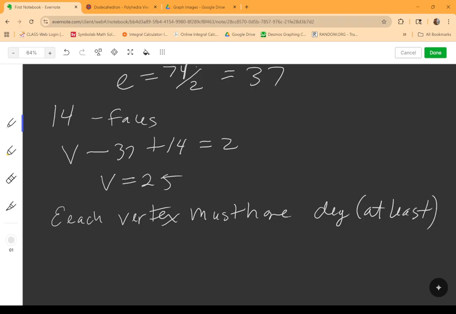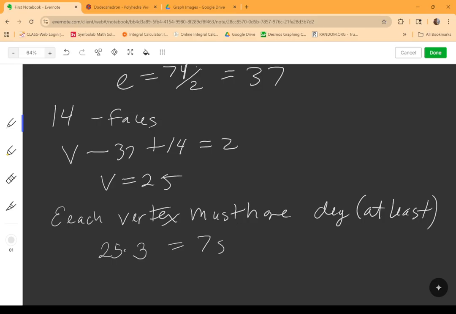Okay, so maybe it's more. We're just looking at the bare minimum, and we're going to see that this is not a possibility. So if each vertex has degree 3, well, that means that if there are 25 vertices, we have 25 times 3. Okay, and that gives me 75.